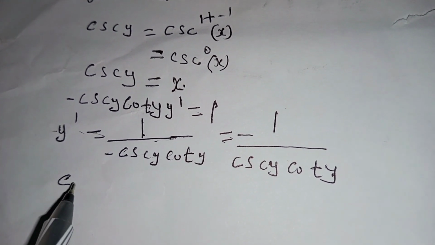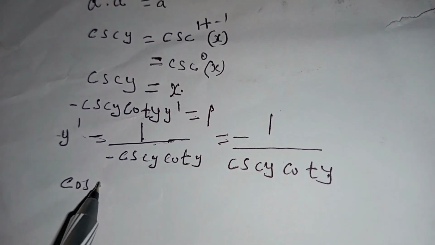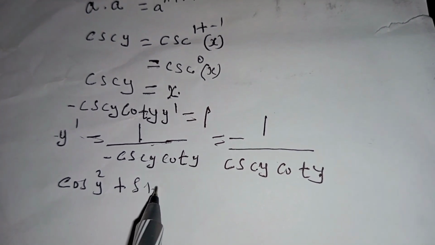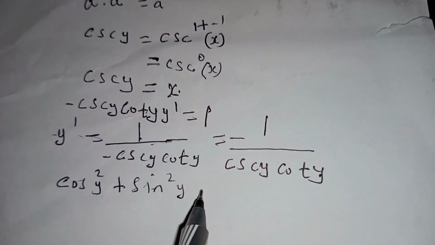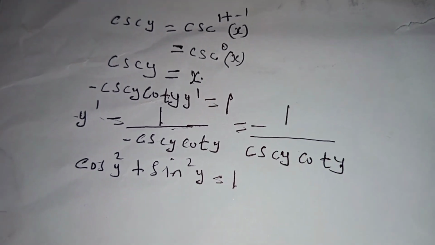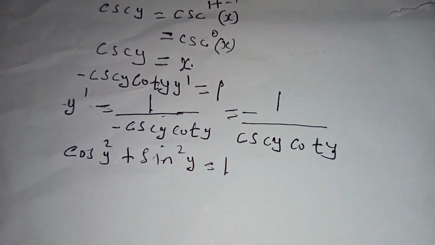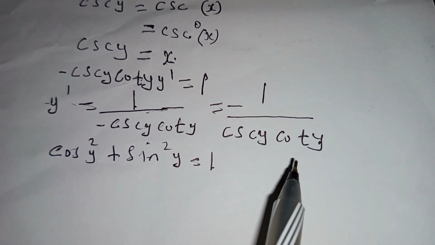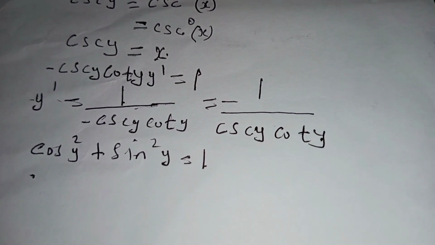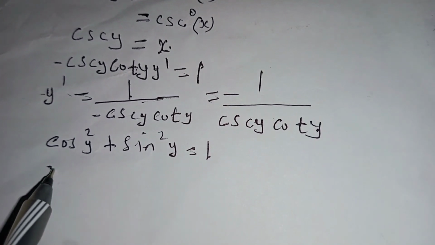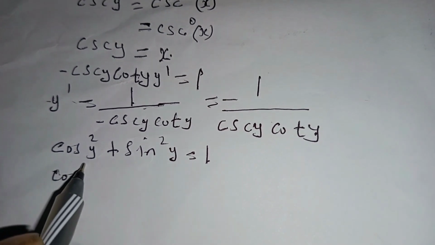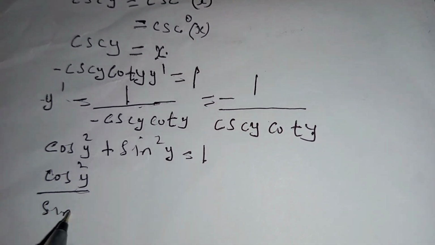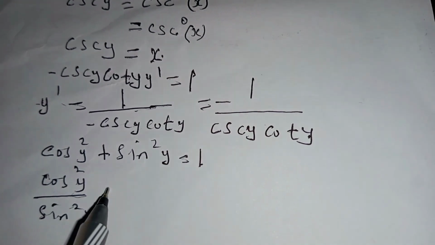If you have cos squared of y plus sine squared of y, it is equal to 1. We want to transform this identity so that it will be in the form of cosec and cot. We divide both sides by sine squared of y, so we shall have cos squared over sine squared of y.